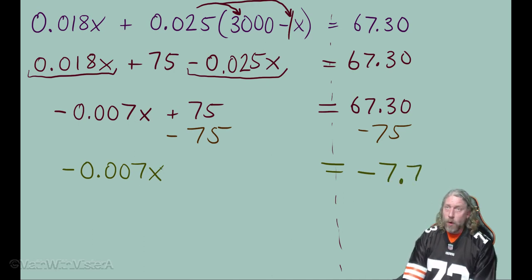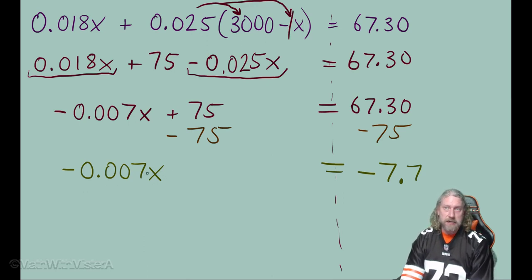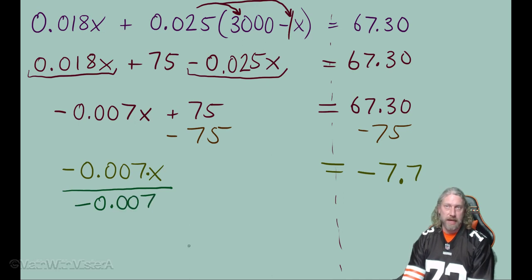Okay, we have one more step to finish isolating the variable. We see that the x is involved in a multiplication with negative 0.007. So our opposite operation will be that we need to do the opposite of multiply and divide by negative 0.007. And we'll do that on the right side of the equation also.